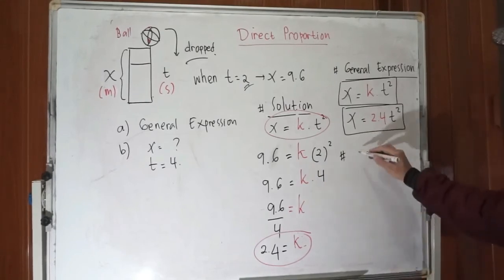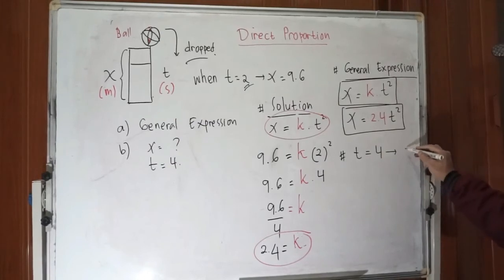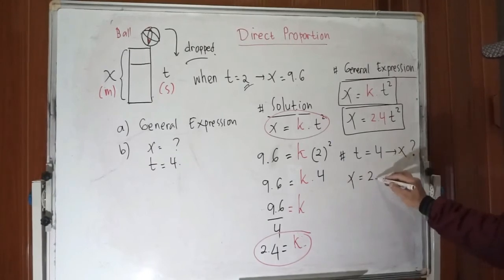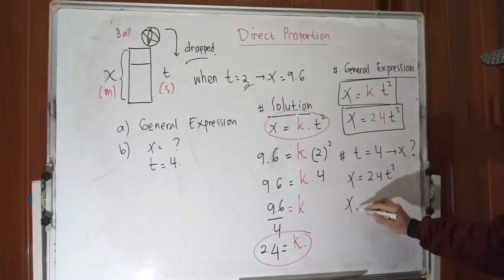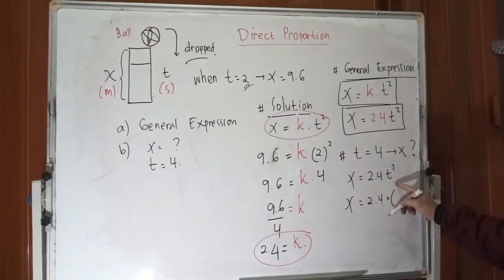When t equals 4, how many x? Okay, so x equals 2.4 t squared. 2.4 times t, which is 4.